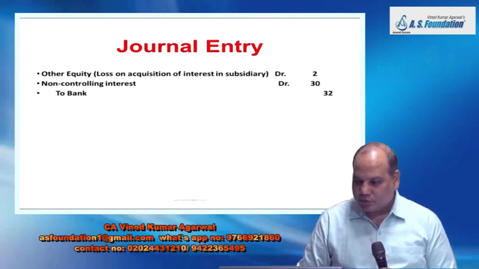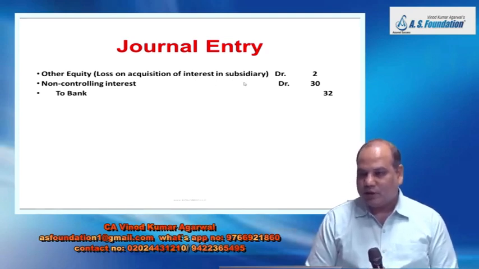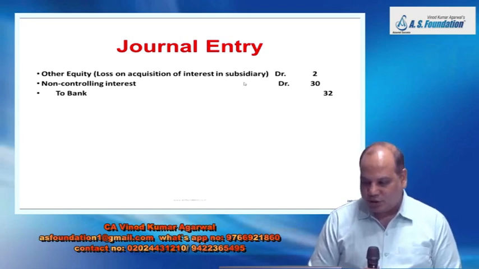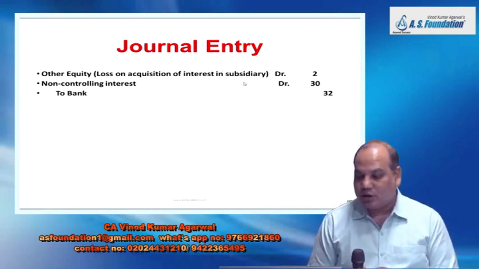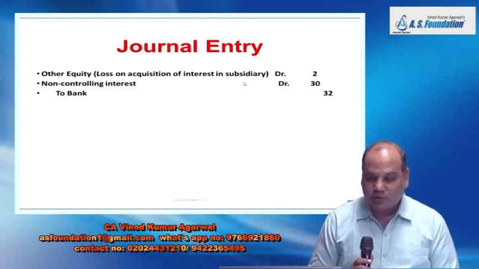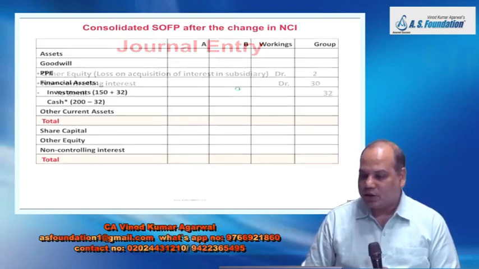So first I am going to give you the journal entry. Other equity account debit, being loss on acquisition of interest in subsidiary, NCI debit 30, to bank 32. This is the entry in the consolidated financial statement. In the separate financial statement, investment will increase, cash will decrease.